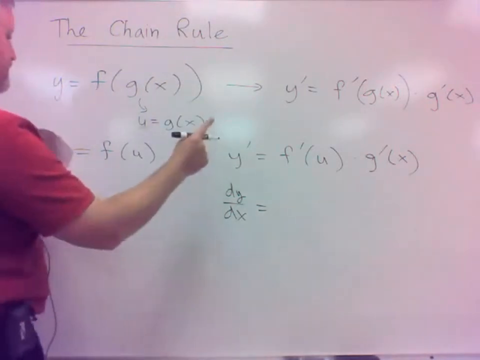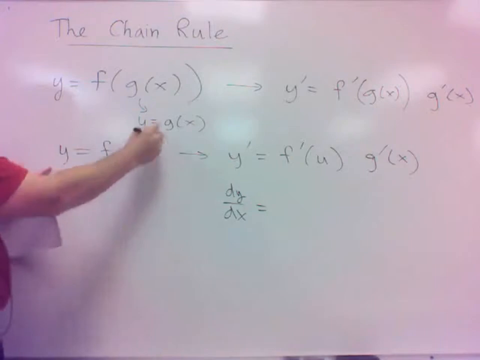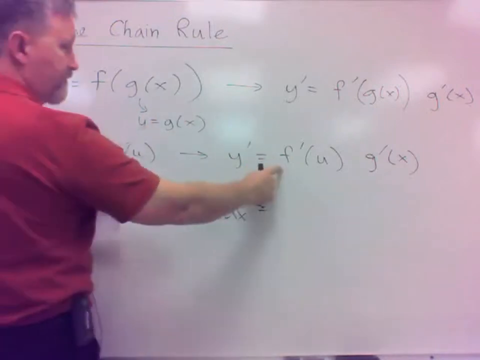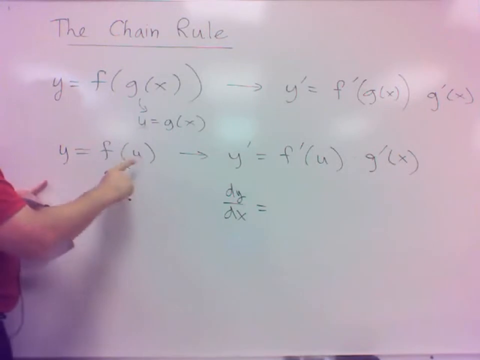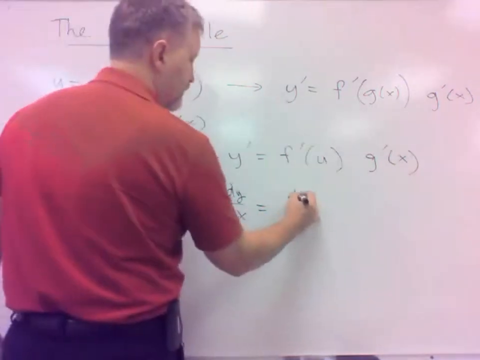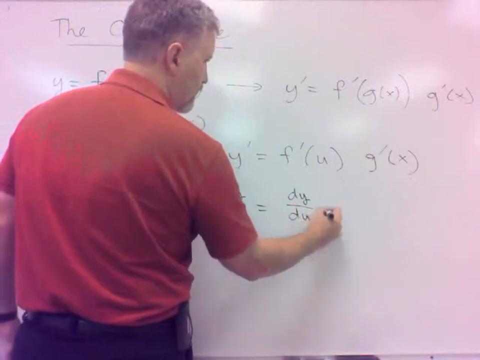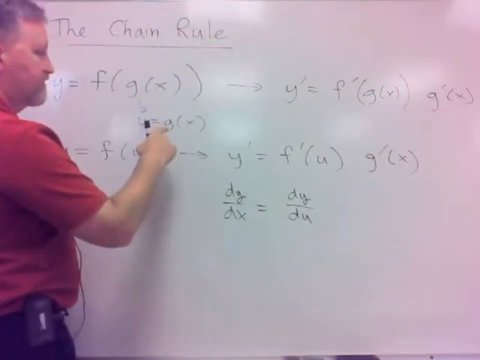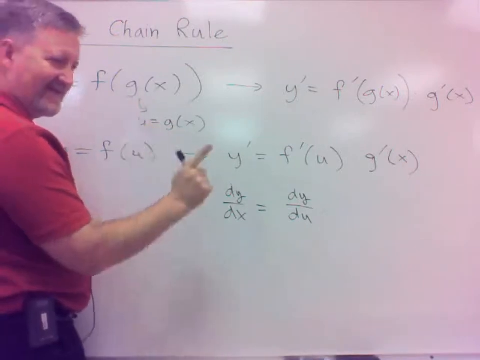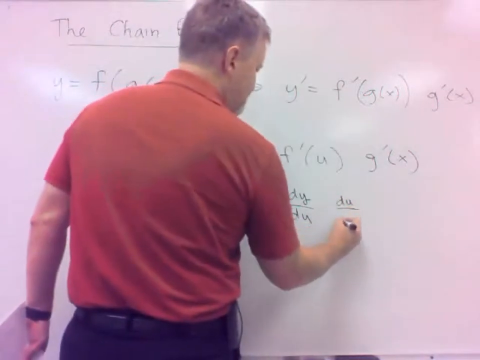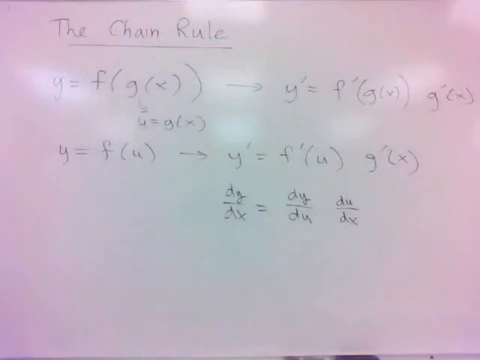Well, f prime of u would be the derivative of y with respect to u, right? And then g prime would be the derivative of u with respect to x. Okay. So it's just a little different way of thinking about the chain rule, but in Leibniz notation, this is what the chain rule looks like. And that's more what we're going to play off today.